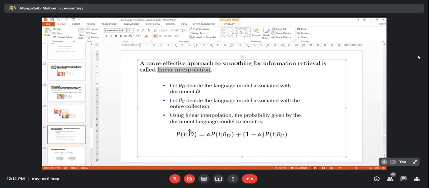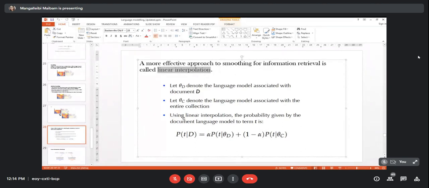So same concept, but here we use two language models, one which is associated with the document, the other one which is associated with the entire collection. So you can see here, let theta d denote the language model associated with document D, and theta c denote the language model associated with the entire collection.